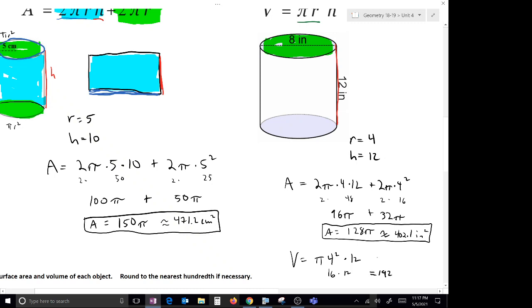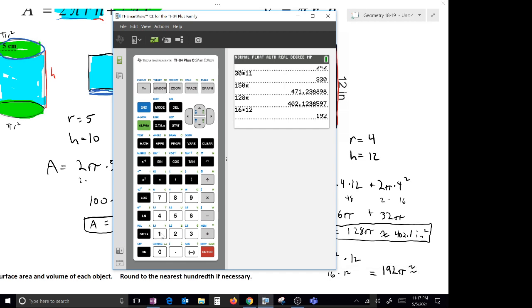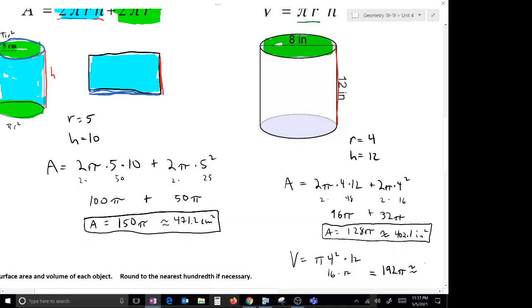Oops, clean that up a little bit. Or approximately 603.2, and those would be inches cubed or cubic inches.